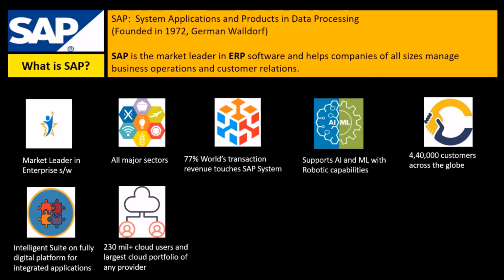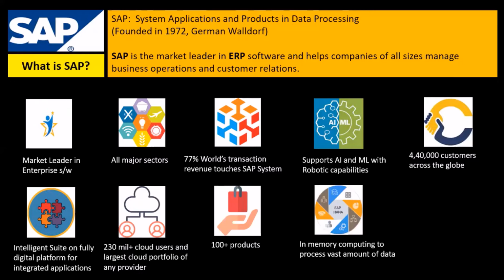I don't know how many of you know about the recent SAP Q4 2021 results. Particularly in cloud technology, they have achieved more than 25% growth. That was the last quarter result. Right now, SAP is offering 100 plus products for all scales of enterprises.